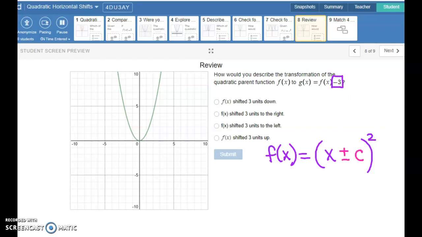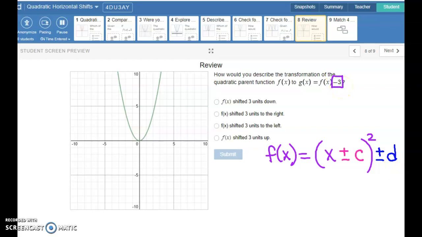And then on the outside, I'm also going to have a plus or a minus d. Okay, so outside the parentheses is d, that's this one.